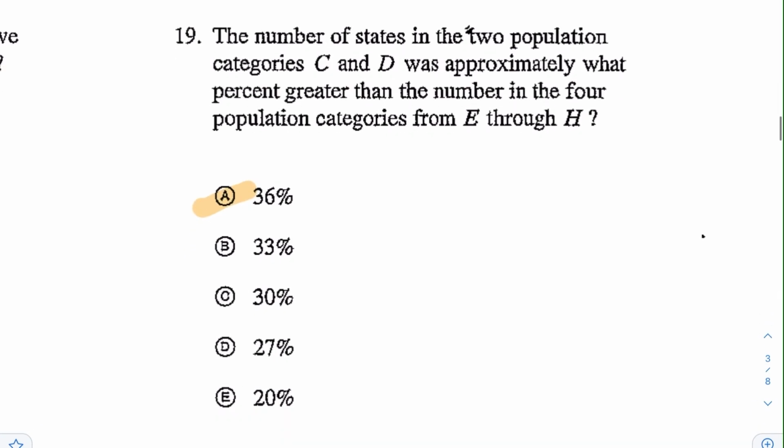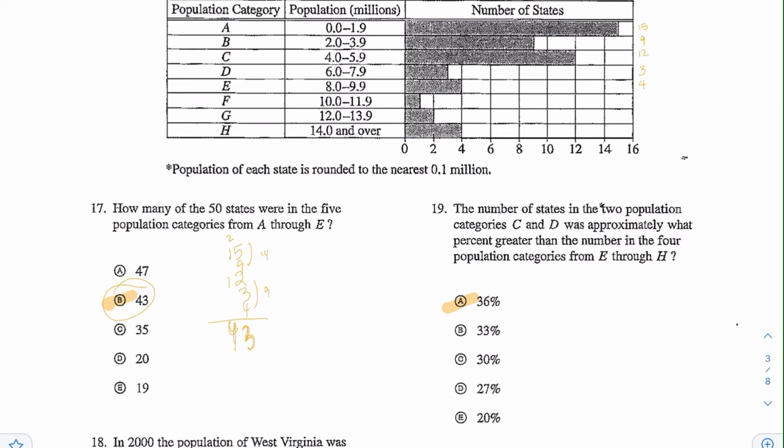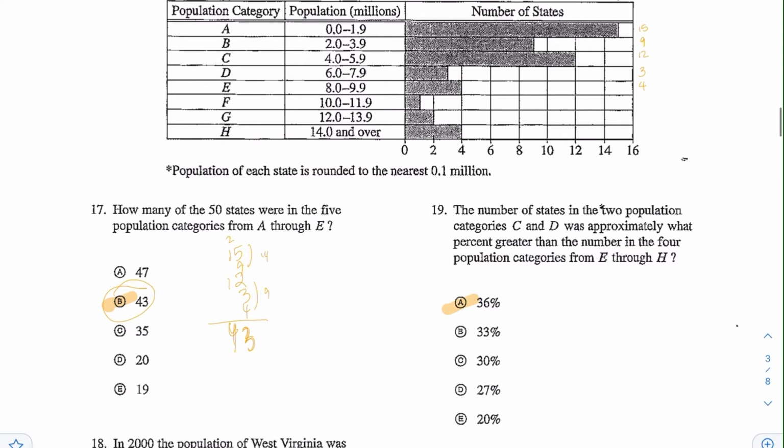Next, for number 19, the number of states in the 2 population categories C and D was approximately what percent greater than the number in the 4 population categories from E through H. All right, so you have to figure out the number of states in categories C and D. That's these 2 numbers here.